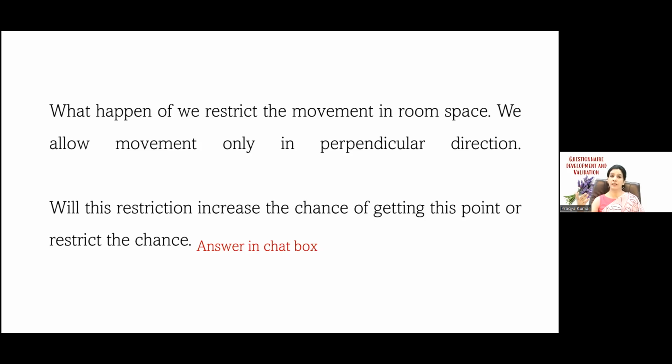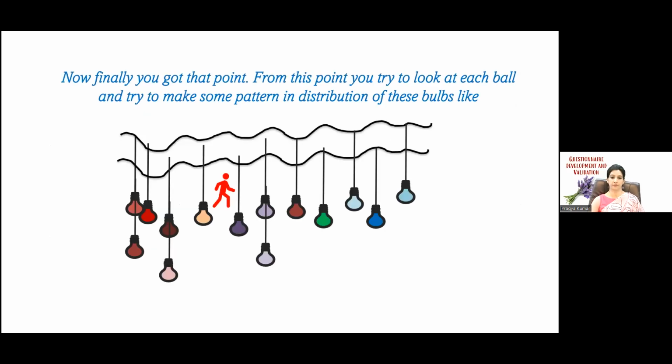If you restrict the movement, definitely the chance will be less, because then you will have the option of only those two points we see, right? So if there is no limitation in movement in the room, there will be a least distance. But if you restrict the movement, then there will be a restriction in getting this minimum distance from that particular person.